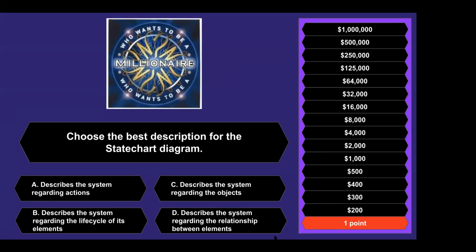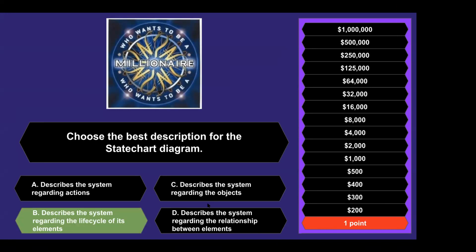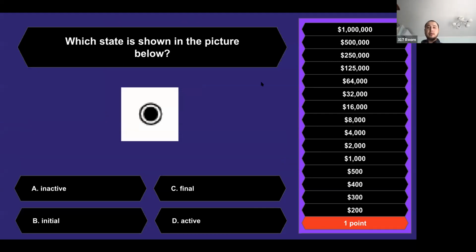I think it's B. It describes the system regarding the life cycle of its elements. You answered B, right? Yes, you're correct. So this is state chart diagram. It's about the life cycle of elements. Okay, thank you, Leonid, for your answer.